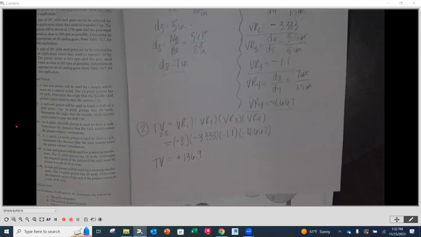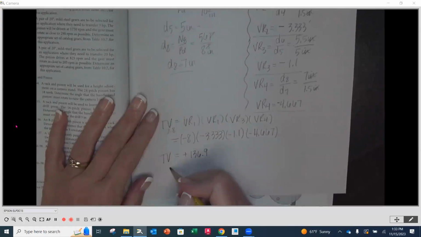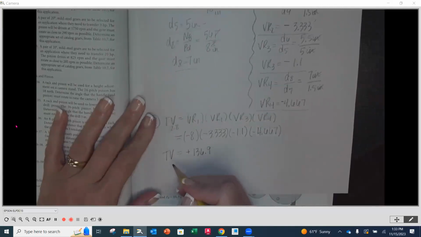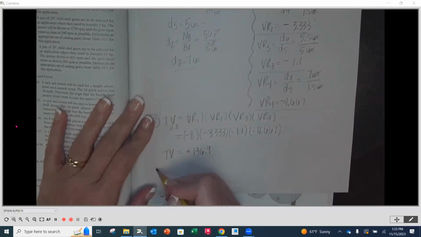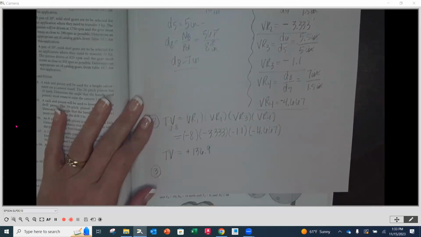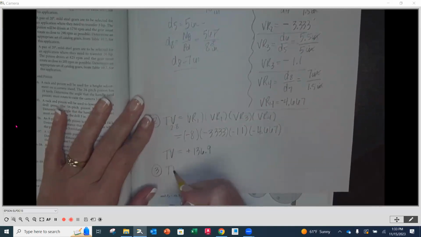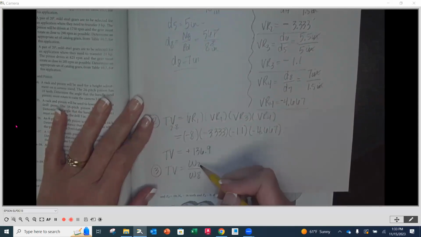All right. Next thing, now what do we need to do? We need to find the speed of number 8. This should help us, using the train value, right? Our train value is going to be equal to W2 divided by W8. We know what W2 is. We know our train value. We need to solve for W8. So I'll do that rearrangement here.